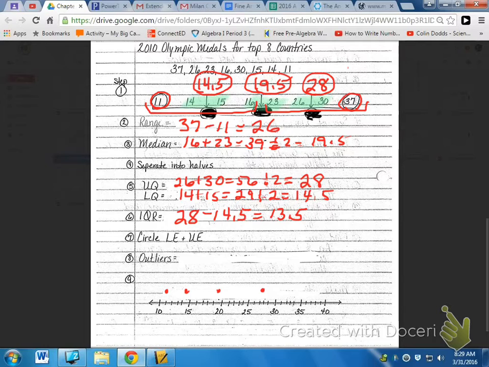Okay, now before you start making the thing, you can actually do the box. That's going to be definite around dots 2 and 4, and then a section in the middle. That's definite. Don't do the whiskers yet until you do the outliers.